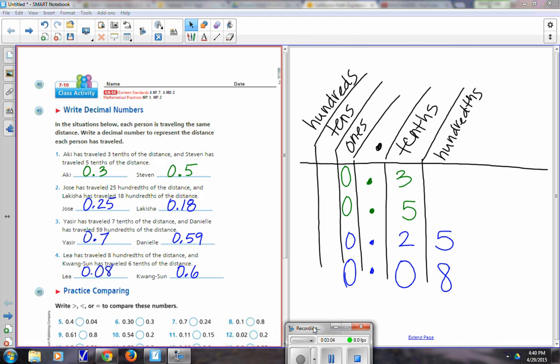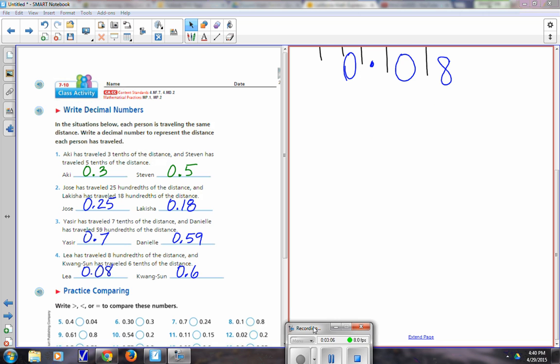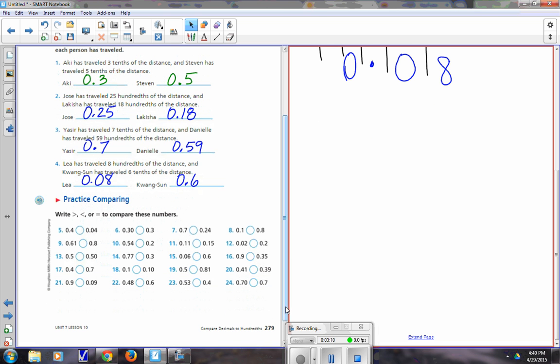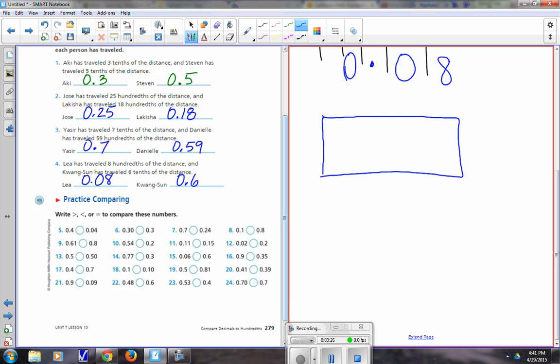Now, we've had the conversation where a tenth is larger than a hundredth. A tenth, you have to think of our box pizza, okay? Our box pizza with the 1, 2, 3, 4, 5, 6, 7, 8, 9, 10.